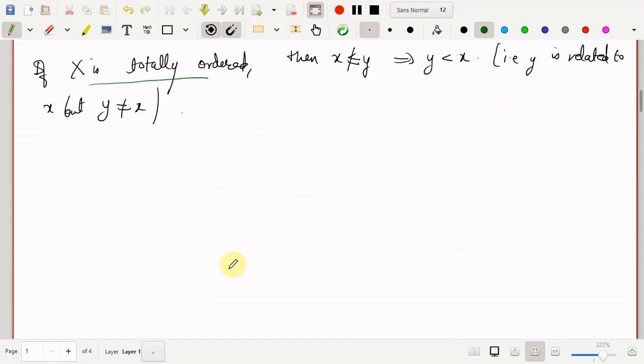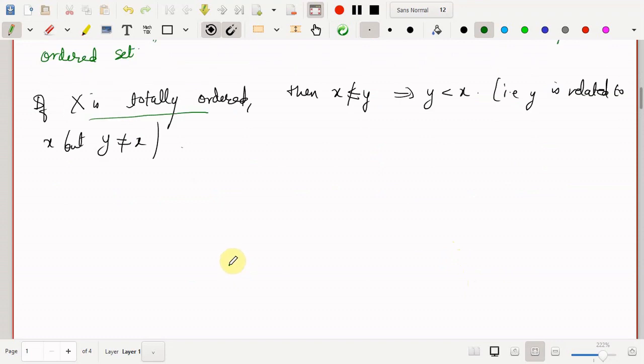Okay, so let's get into some standard examples. As I said, the first example would be R along with the standard relation, less than or equal to. First, R with this is a poset, right? It is a poset because this is the standard notation, less than or equal to.